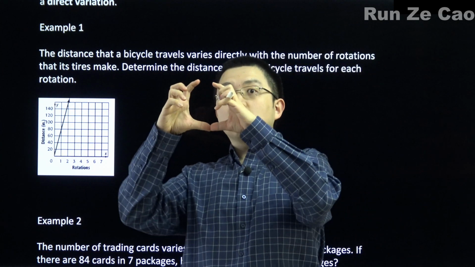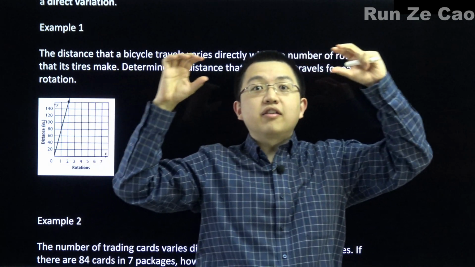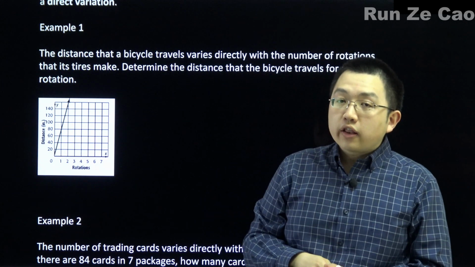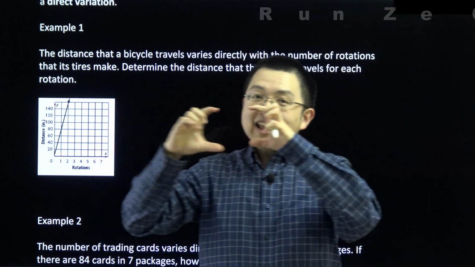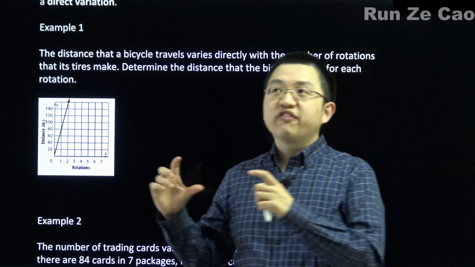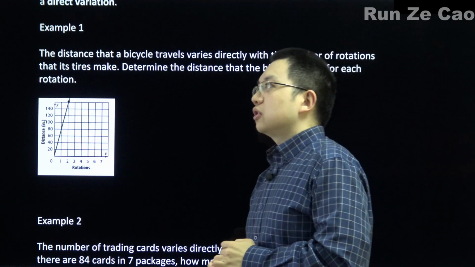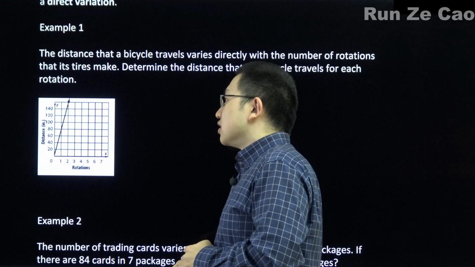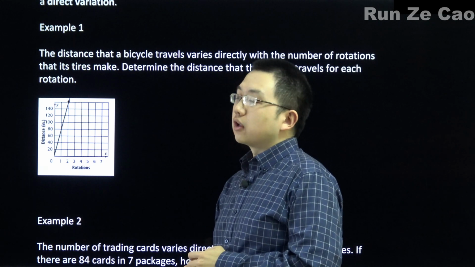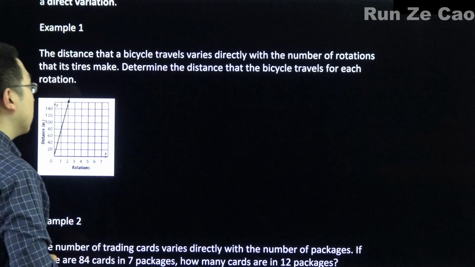So if the wheel rolls forward one circumference, the bicycle should have moved forward by the same distance as one circumference of the wheel. Otherwise, either the bike is skidding, which you would generally not enjoy very much, or it's flying, which is generally slightly dangerous, or you just started counting the rotations a bit late. Don't try this. At least if you want a direct variation, don't try this.